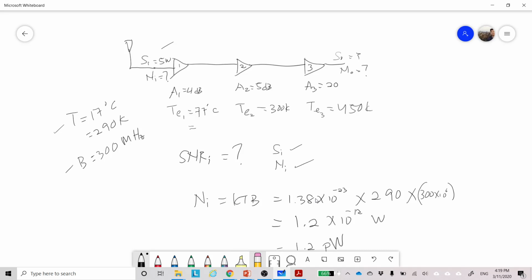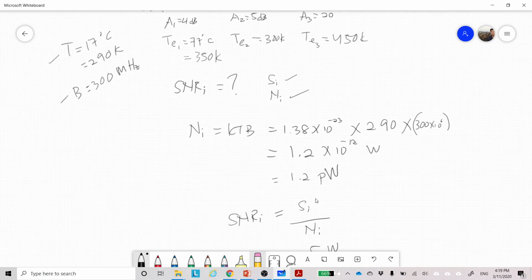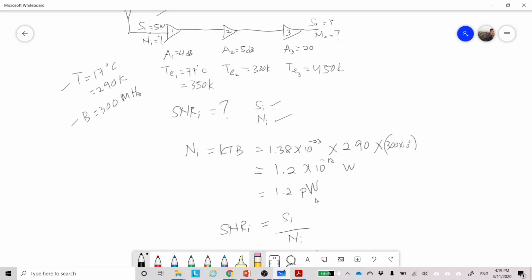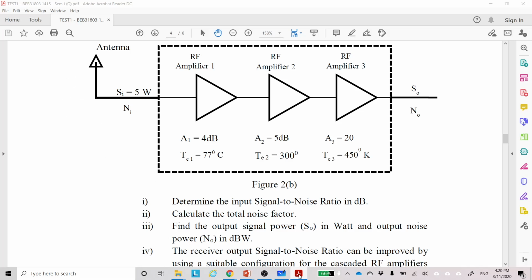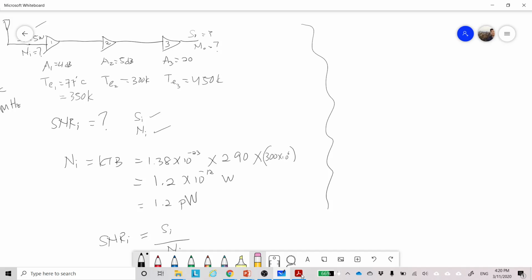So 77 tambahkan dengan 273, you akan dapat 350 Kelvin. Ni saya buat garis. Untuk soalan yang kedua.